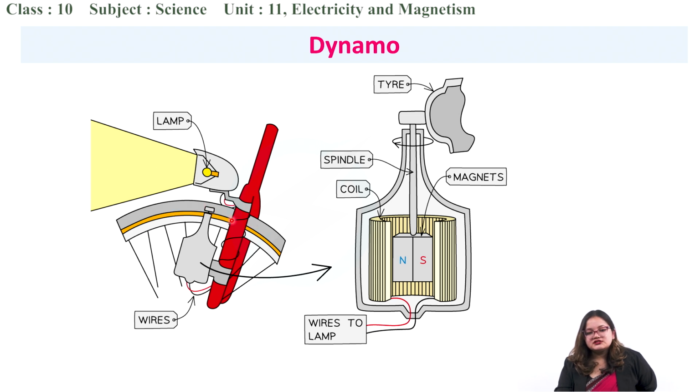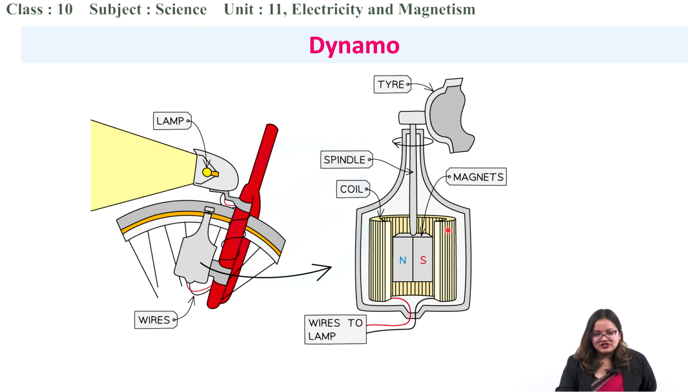Once the person starts to ride this cycle, this tire starts to move. When this tire starts to move, this head starts to move. And you can see the head is connected with the spindle, so the spindle also starts to rotate. When the spindle starts to rotate, you can see these permanent magnets are also starting to rotate. Now, what is the concept behind this? We know when a magnet or conductor comes into motion in a magnetic field, what happens?